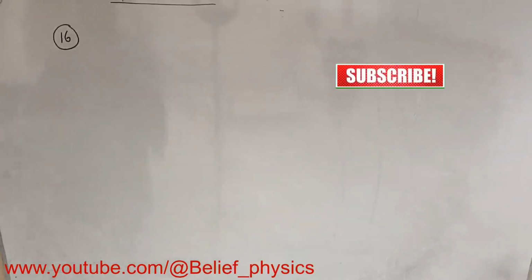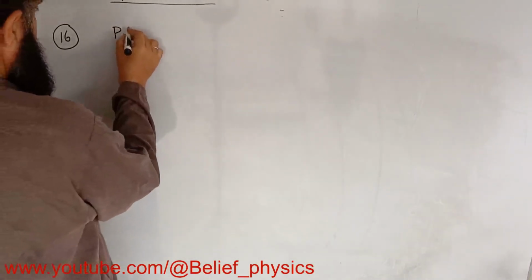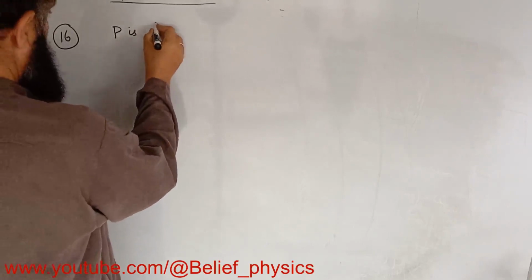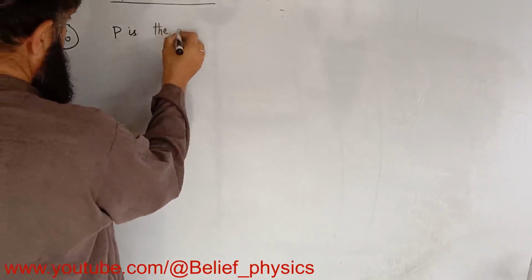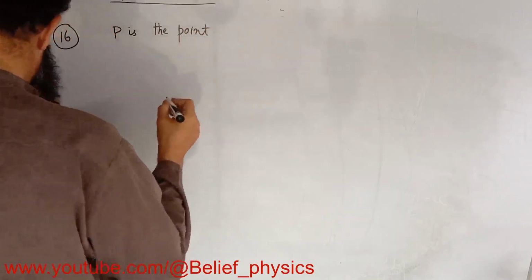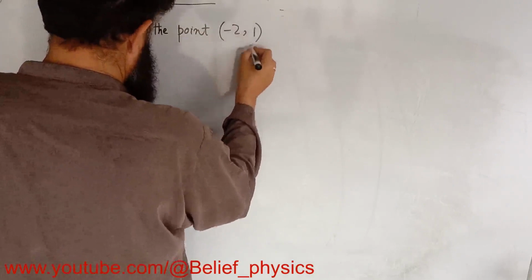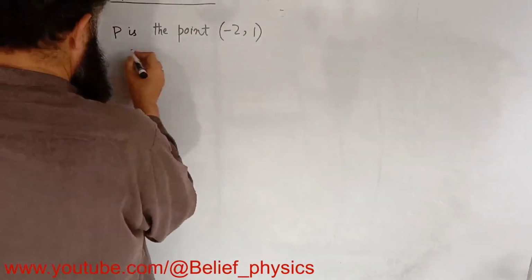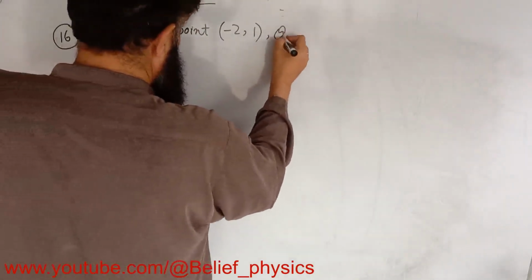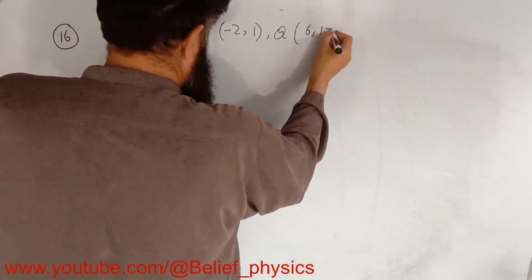Question number 16 is also about coordinate geometry. Question is, P is the point (-2, 1). Q is the point (6, 13).